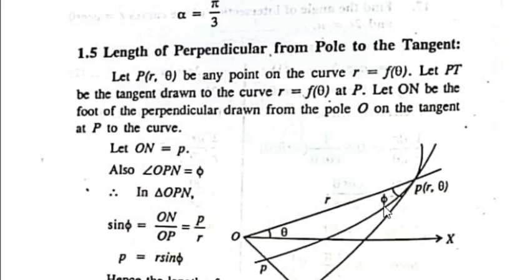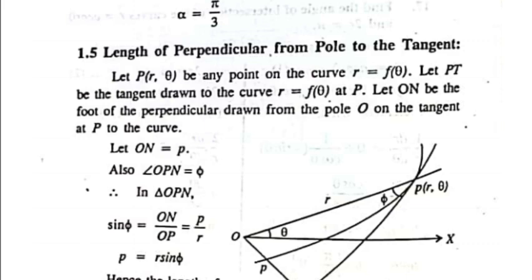Opposite is ON, hypotenuse is OP. So ON by OP. ON is P and OP is the radius vector R, which is equal to P by R. Now cross multiply this, we will get P is equal to R sin phi. So this is the formula for the length of the perpendicular from pole to the tangent.